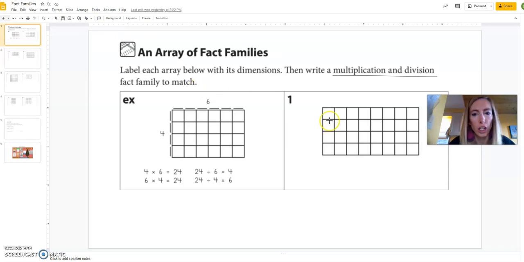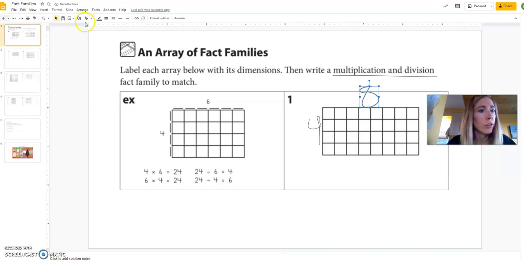The scribble feature will let you draw on this slide. So I could write in the number dimension for this side, which is 4. Then I'd have to click scribble again to write the other dimension, which is not 4. The other number dimension is 8.